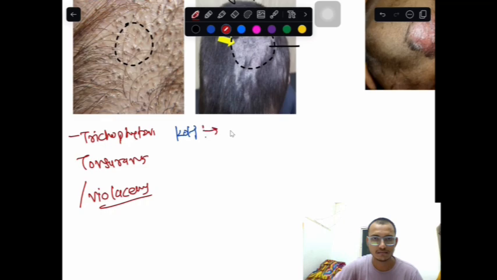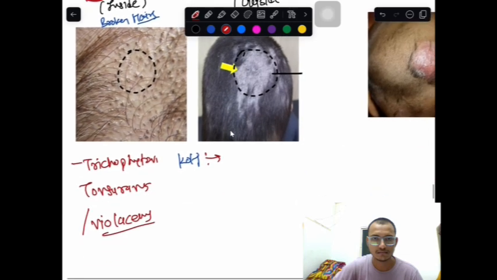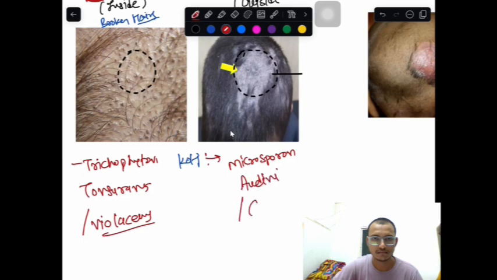And here, the gray patch or ectothrix are Microsporum audouinii or canis. Remember, guys, canis means pet involvement. This question was asked earlier, so remember this. Canis is the most common type.